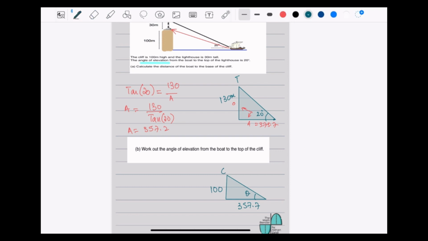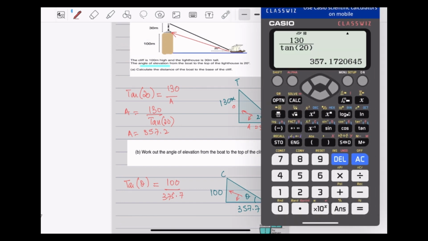So according to this angle theta, this is going to be the opposite and this is going to be the adjacent. So we know that tan of angle theta, you may use x if you feel like, equals opposite over adjacent, which is 100 over 357.7. So theta is going to be tan inverse, separating the angle from the trig function.